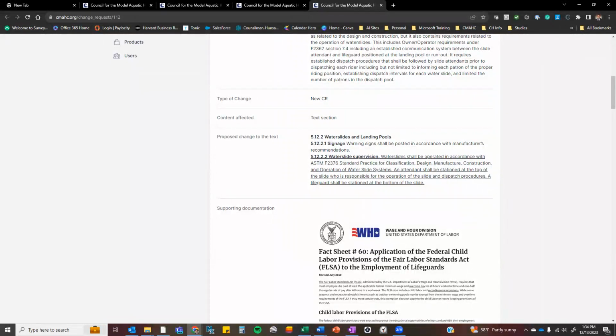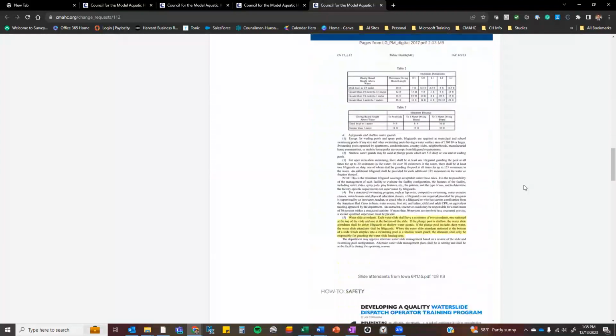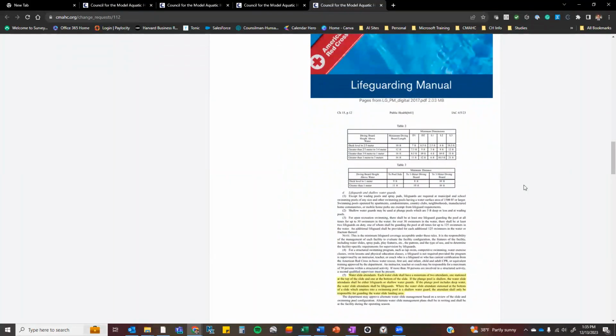It says refer to ASTM, which puts that ownership on the manufacturer to provide the direction for that, and then the follow-up is, but the MAC is going to require somebody there. So it may in some cases be an additional requirement that maybe the manufacturers aren't putting in place.